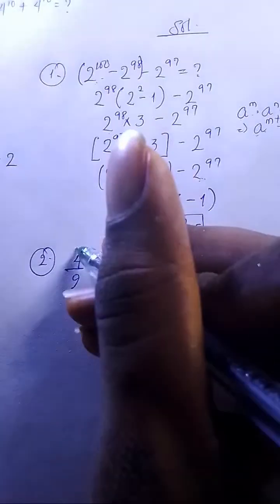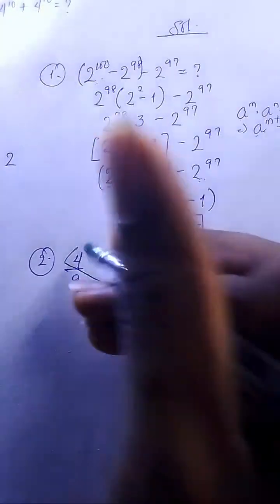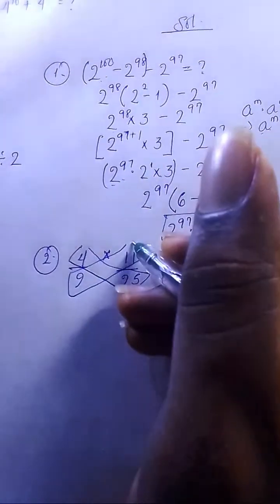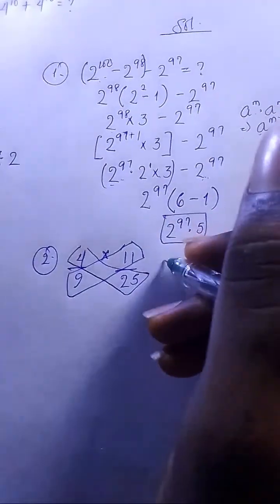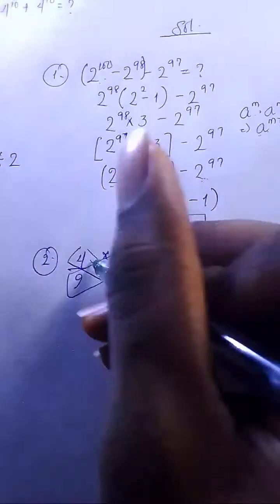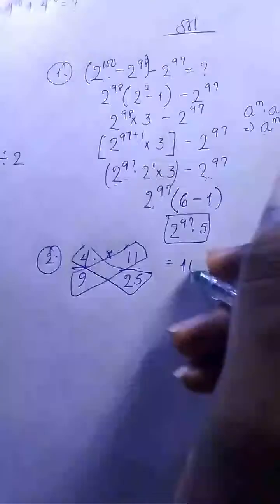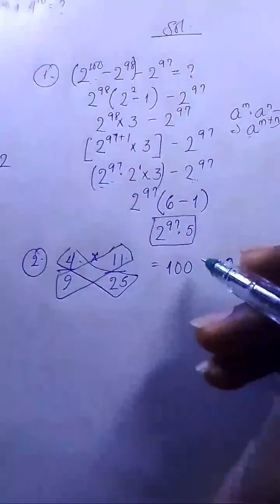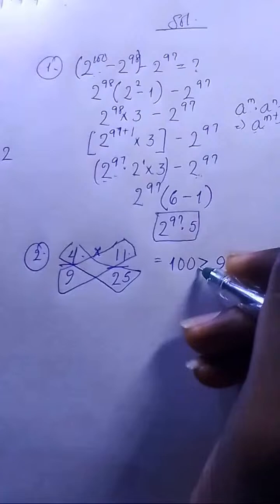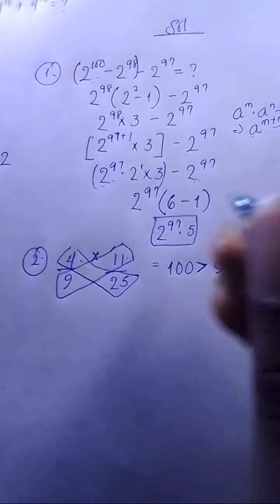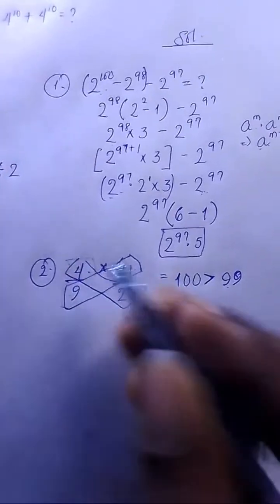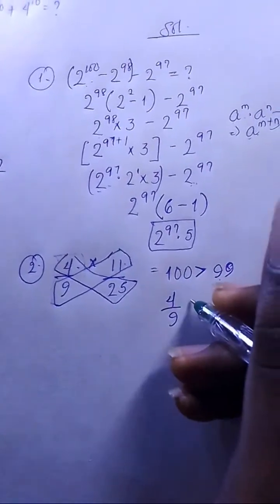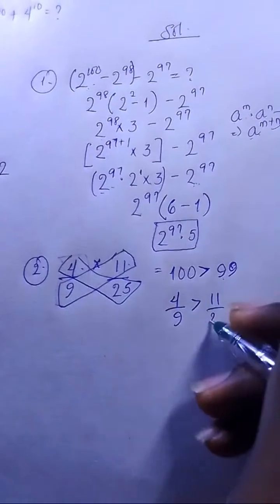First of all, we multiply across in both directions. 4 times 25 gives us 100, and 11 times 9 gives us 99. You can see 100 is greater than 99, so definitely this fraction is greater than the other. So 4 over 9 is greater than 11 over 25.